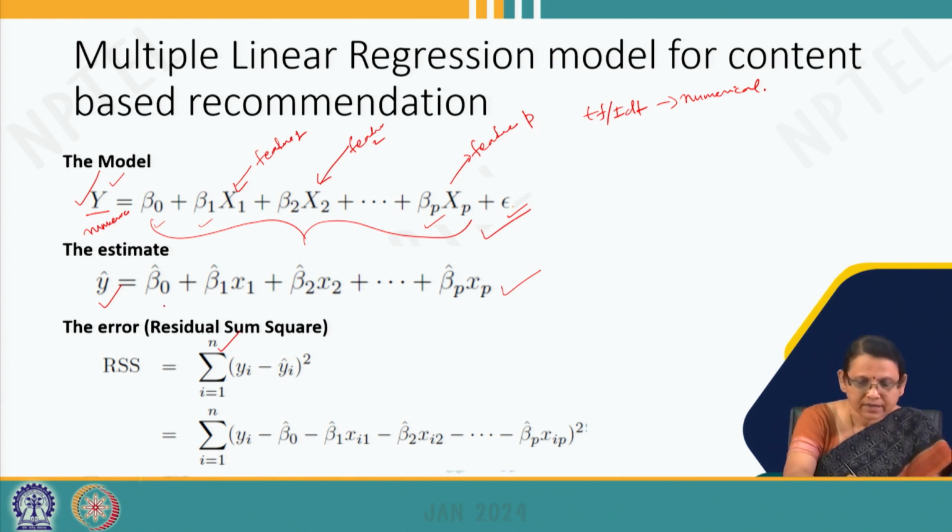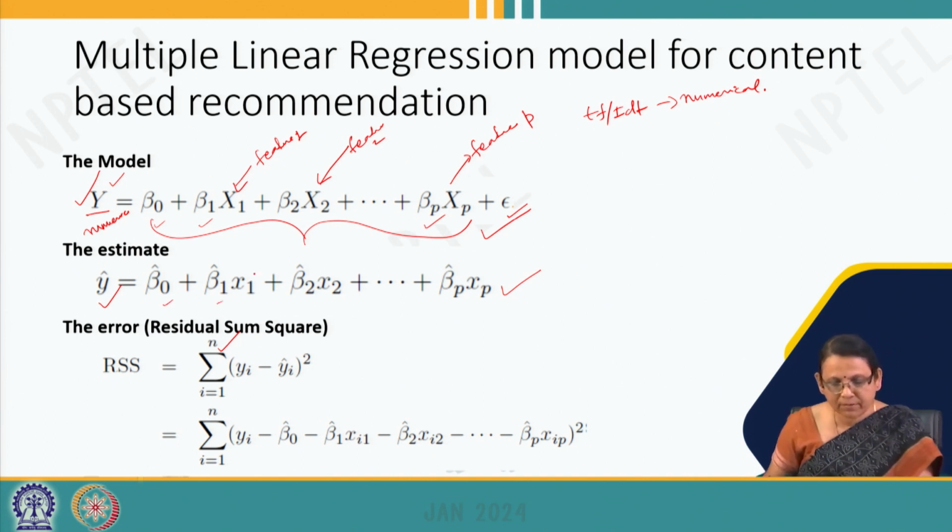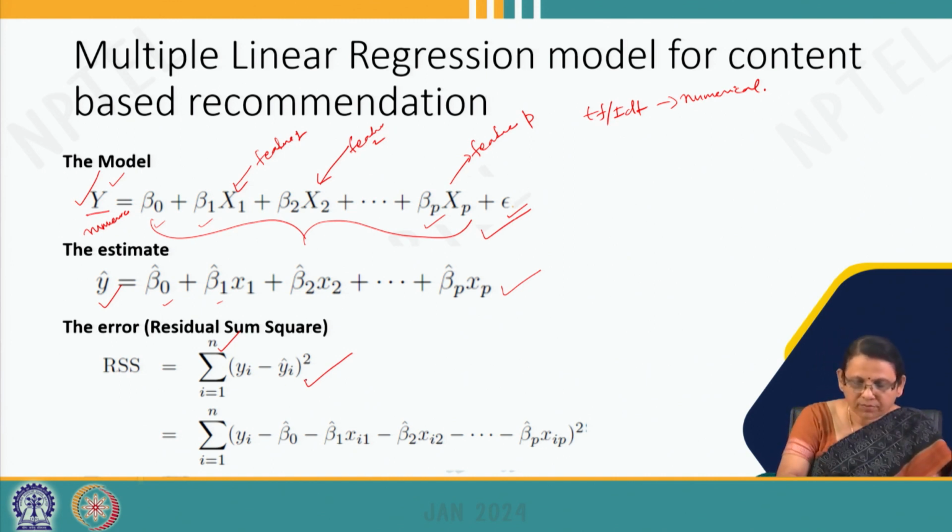How do we get these beta values? We get them by solving this least squares problem, where we take the differences between the actual observation and the estimated value, square them and take the sum. This error is called the residual sum of squares.